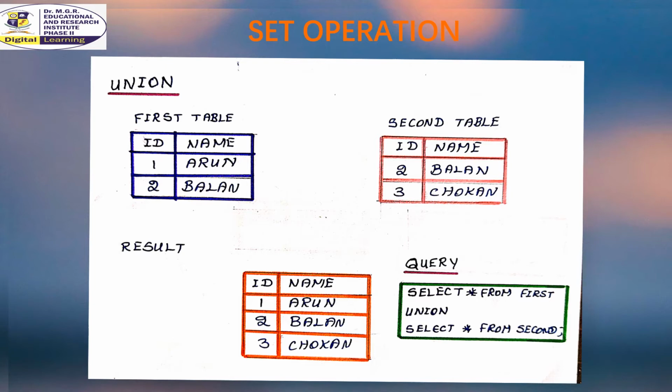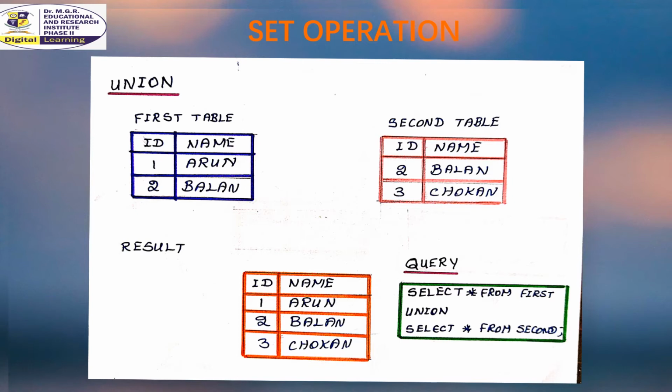The query will be select star from first union select star from second. Now we will see the result table. So the result table should have two columns. Why? Because the first table and the second table also have two columns. So the result table should also have two columns.